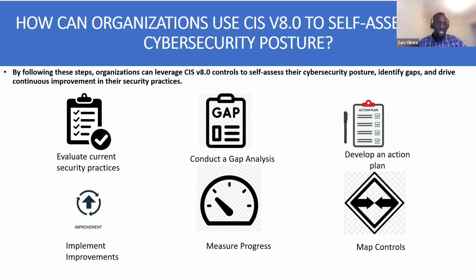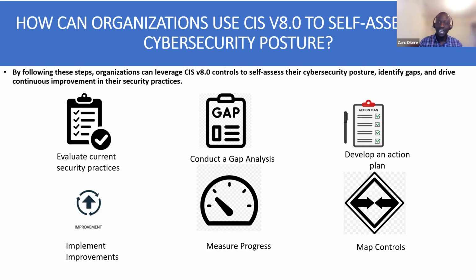Then also evaluate current security practices in your organization, whereby you need to assess your organization's current cybersecurity practices against each control from the 18 controls that we have. Then from there, you'll identify the areas where you have implemented the controls effectively and areas where you need improvement. Then you can map controls to your environment, where you identify how each control applies to your organization's specific environment.